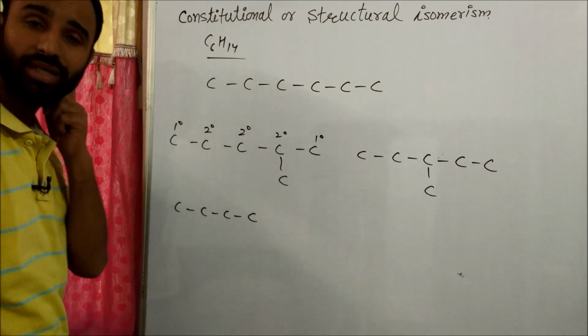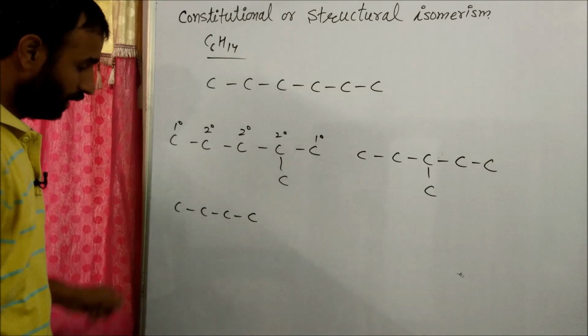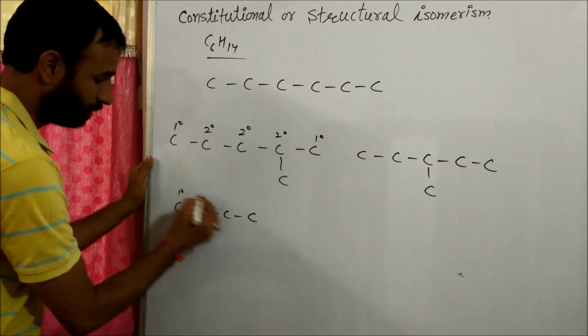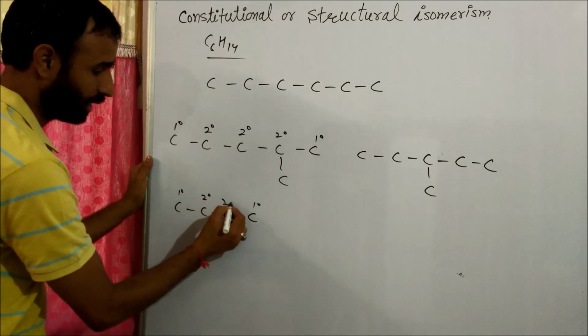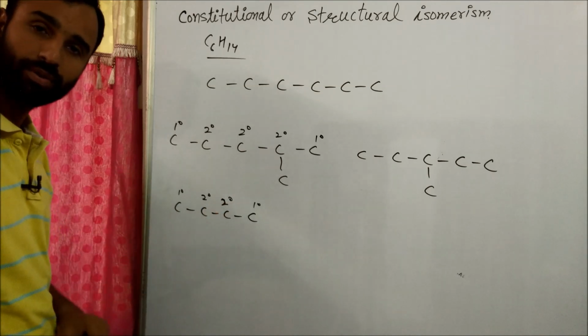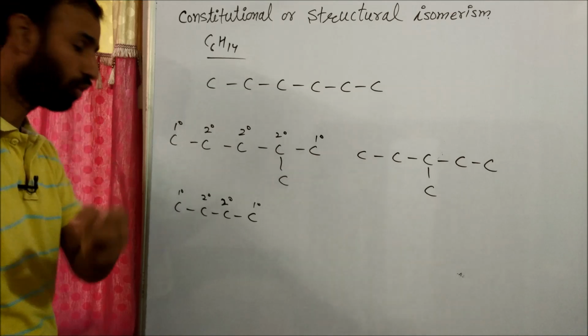Now we are left with how many carbons? 2, and the carbons between the terminal carbons are secondary, and both are of the same type, and we are left with 2 carbons.